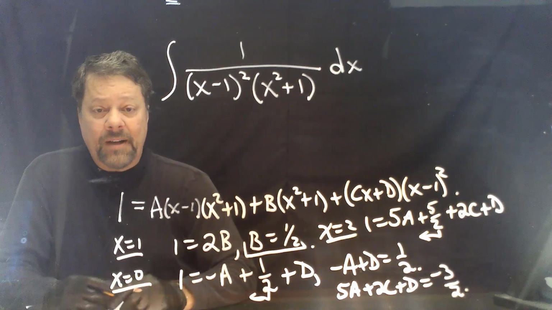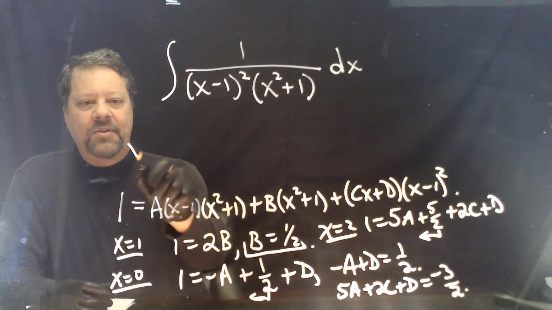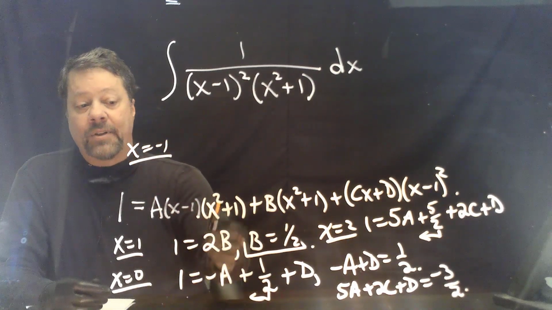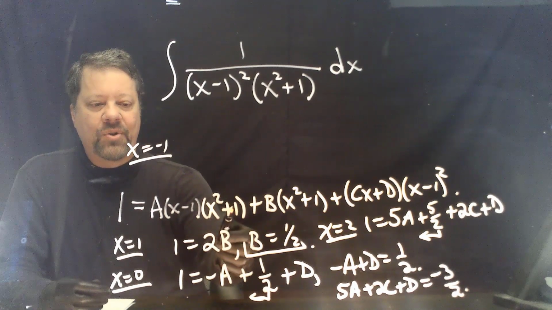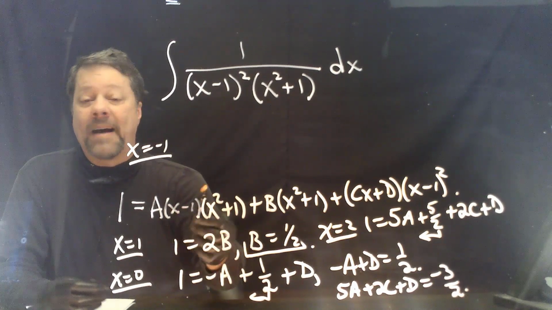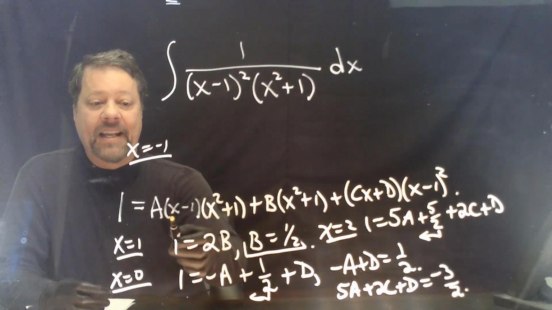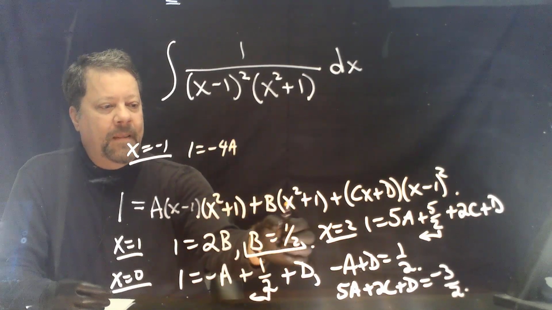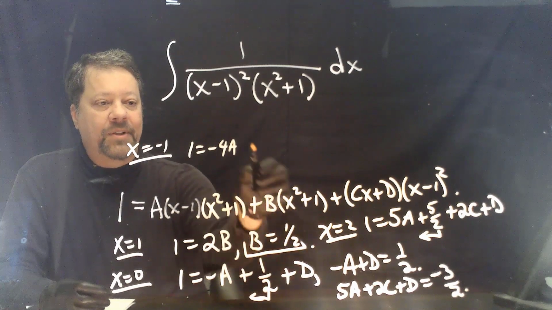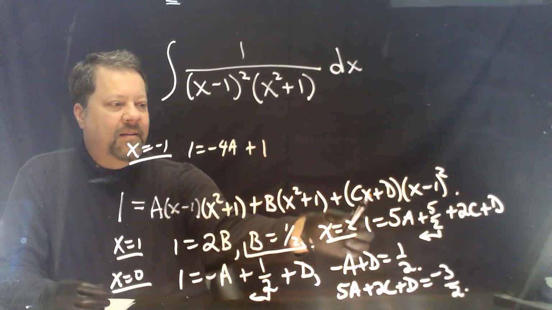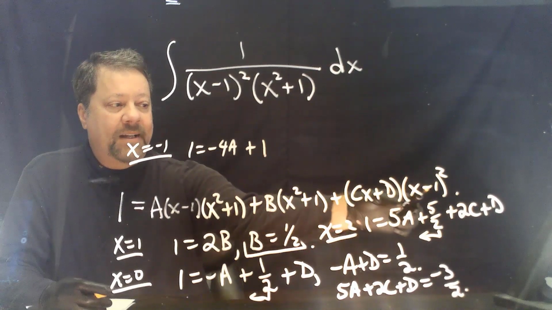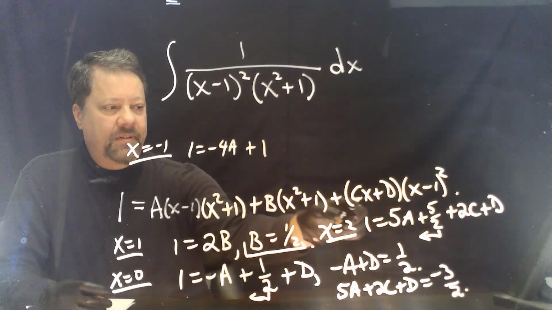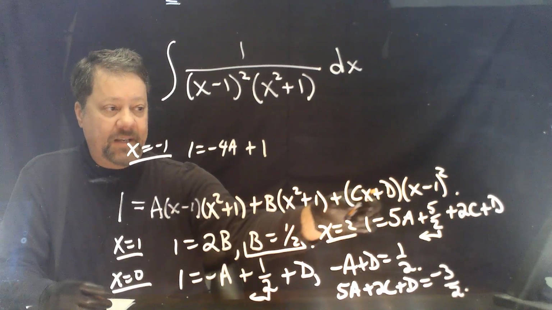There are no real good other choices. Let's choose x equals minus 1. Just for sake of argument, negative 1 squared is positive 1 plus 1 is 2. You'll have negative 1 minus 1 is negative 2, so you'll have negative 4a. And here you'll have 2b, which is 1. You'll have negative 1 minus 1 is negative 2 squared is 4. 4 times negative c plus d.